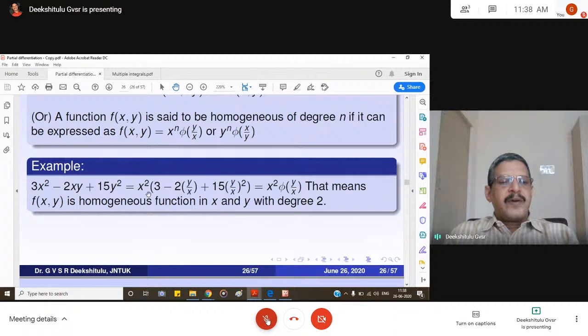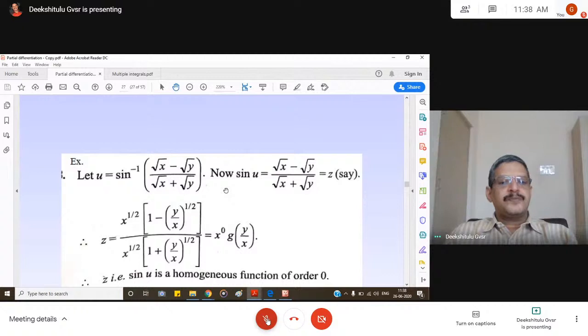Take whatever maximum you can take out common, that is x square. If you take x square common, what happens? 3 minus 2 into y by x plus 15 into y by x whole square. So this is a function of y by x, so this is x squared into phi of y by x. That means it is in this form. So f of xy is a homogeneous function in x and y with degree 2.